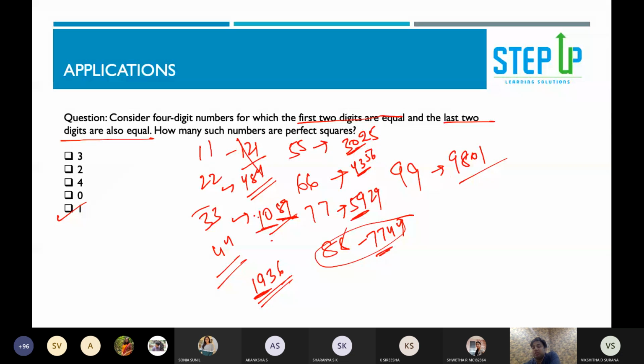Here 77 is equal and 44 is equal. 9801 not equal. So there is only one value which is satisfying this thing. So my answer is 7744. Is it clear now?